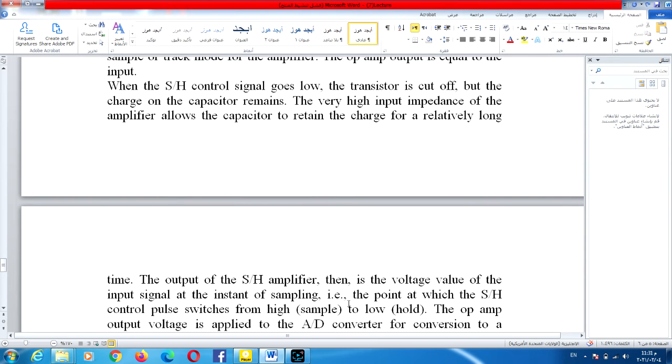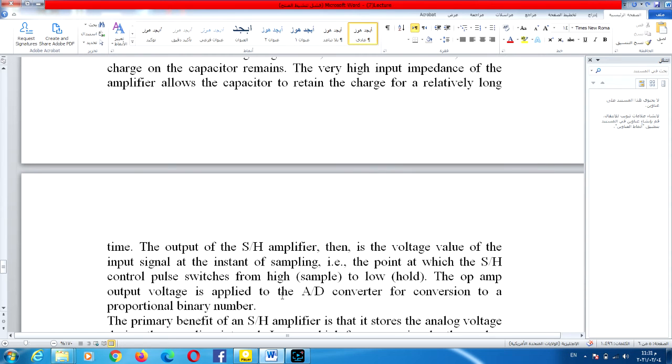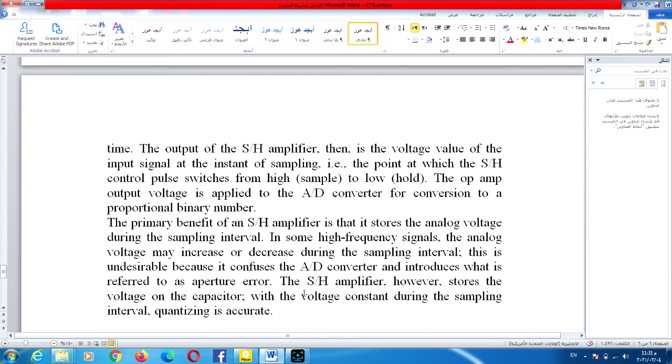With this property the charge lasts for a longer period. Therefore the output of the amplifier is the voltage value of the input signal at the instant of sampling, the point at which the SH control pulse switches from high to low. At high it is sampling and at low it is hold. Then the op amp output voltage is applied to the AD converter for conversion to a proportional binary number.